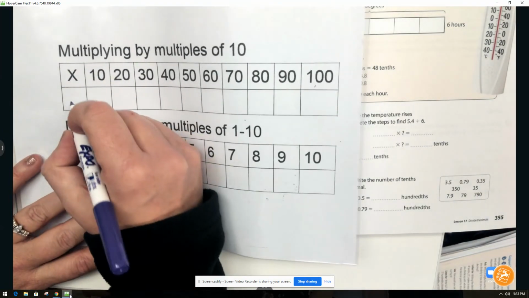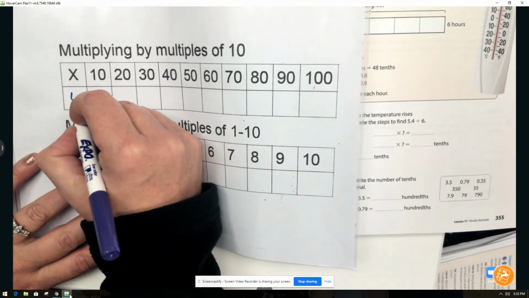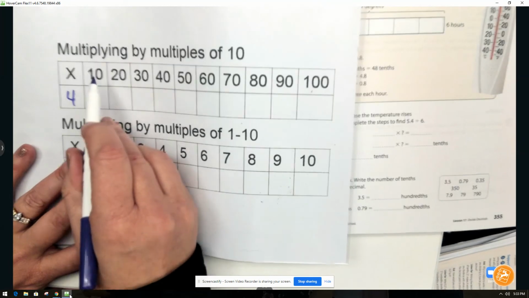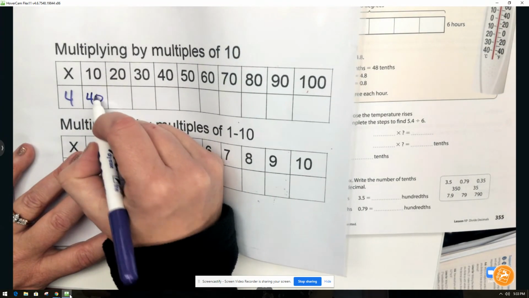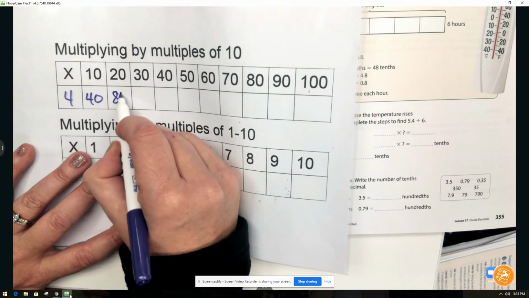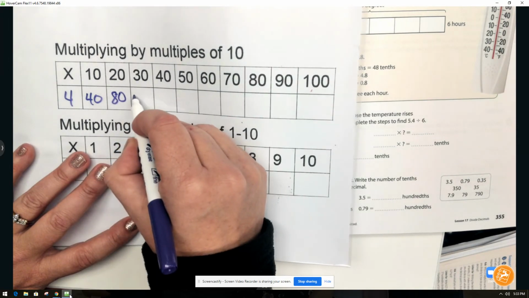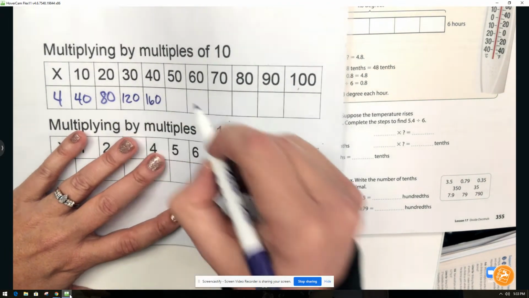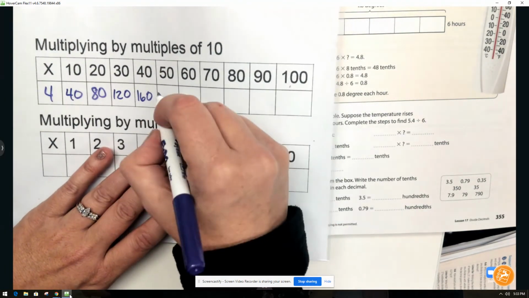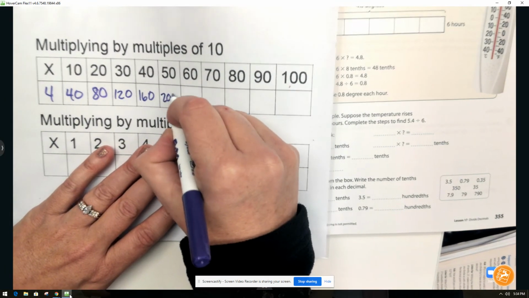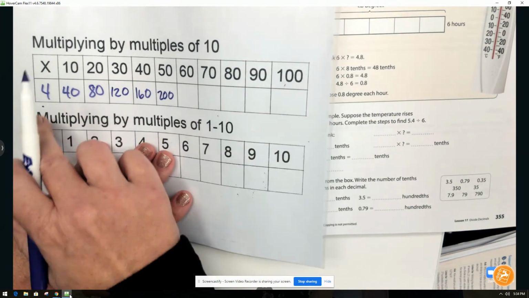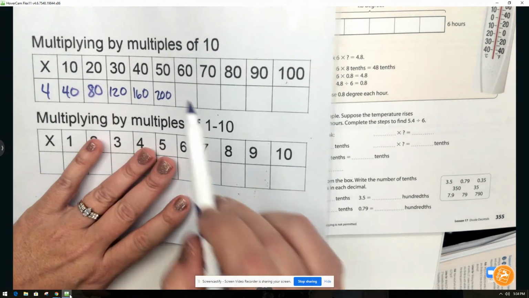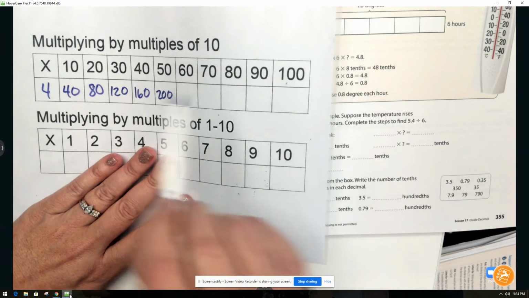So 4 times 10 is 40. 4 times 20 is 80. 4 times 30 is 120. 4 times 40 is 160. 4 times 50 is 200. Remember, we go until we can't go any higher or until we hit 100.